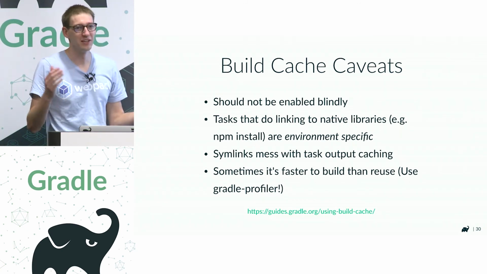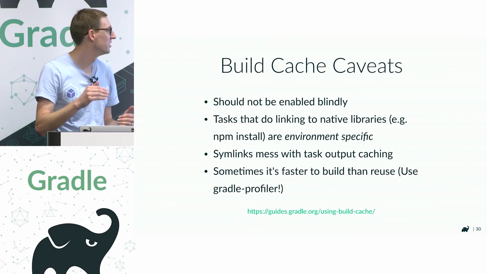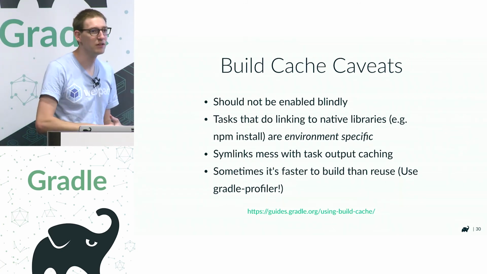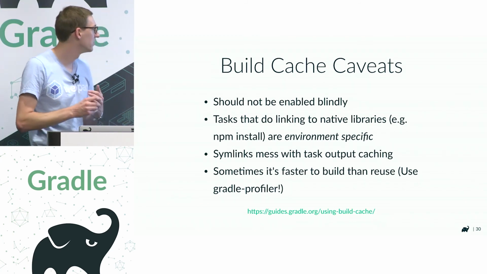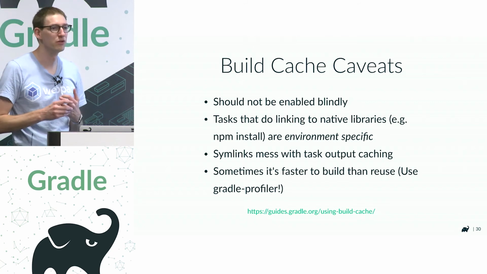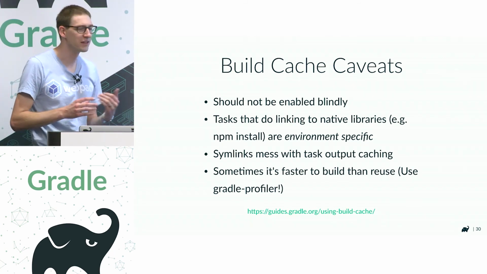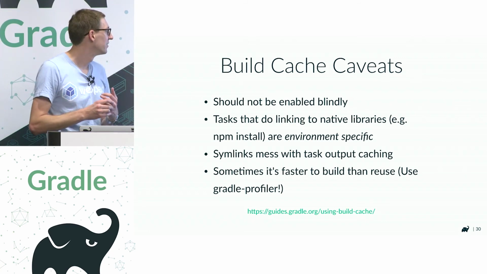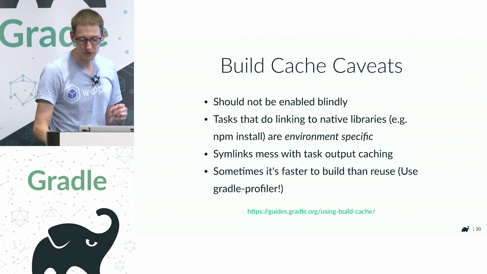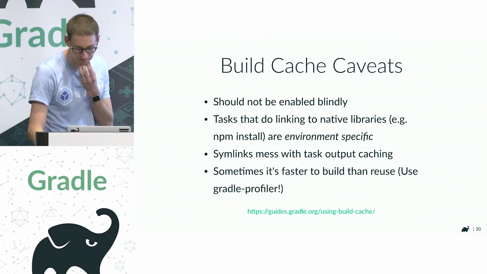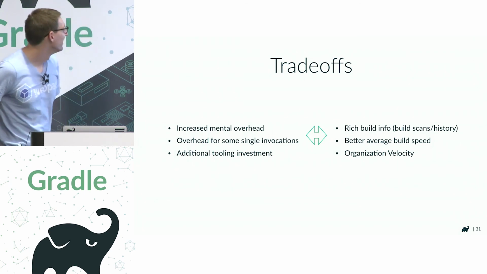Unfortunately, because of the way we inline those symlinks in the build cache, that actually breaks the symlink, and those no longer resolve. And sometimes it's actually faster to rebuild something than to reuse it. I think that's something that is considered for automatic handling in a new version of Gradle. So profile, people.